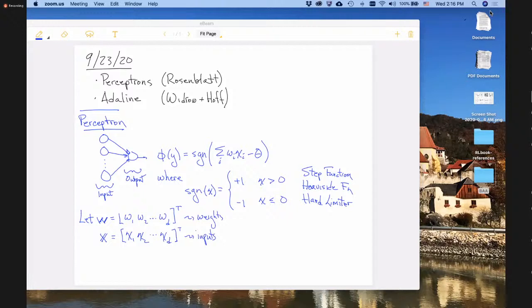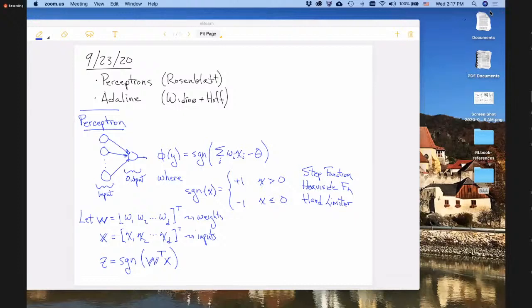And for the notation that I'm going to be using to describe this model, I'm actually going to be drawing on Rosenblatt's original notation, which you're going to see is a little bit archaic, but it's also kind of interesting to talk about it the way he talked about it. And then what we'll be doing is we will be calculating a z equal to that SGN function applied to the inner product of the weights and the inputs.